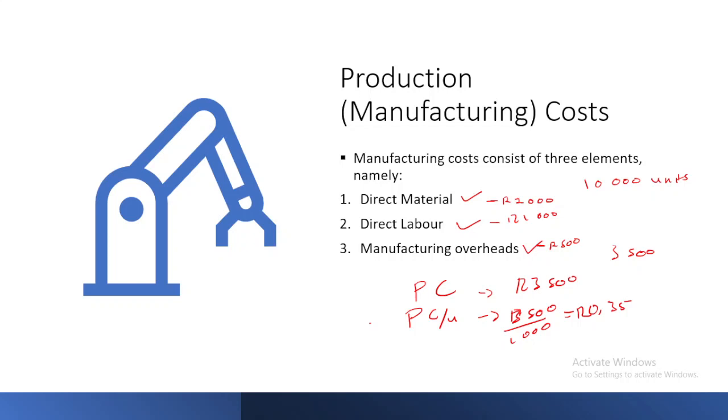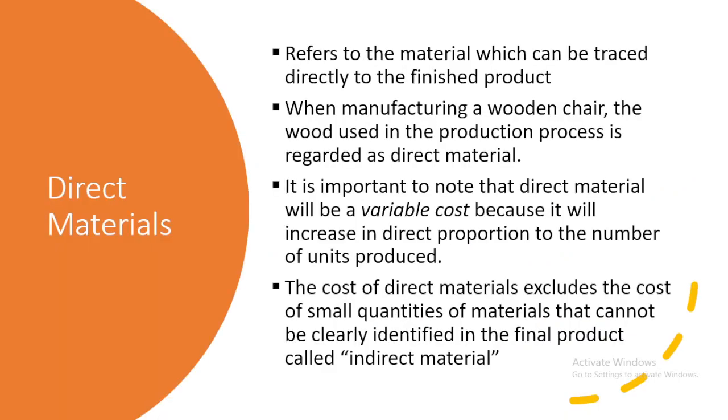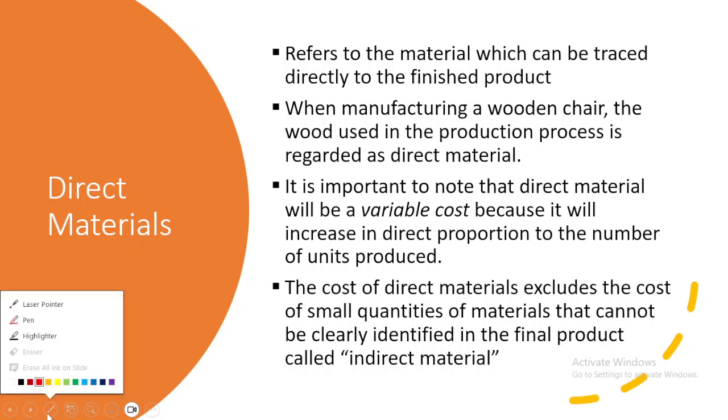Even if that person is not there, the product will still be produced. The supervisor is just there to make sure that things run smoothly, not that the product gets done or not done if they are not there. Therefore, that qualifies it as a non-manufacturing cost. So this is how you classify whether the cost falls within manufacturing cost or non-manufacturing cost. And in terms of material, here it says that materials.